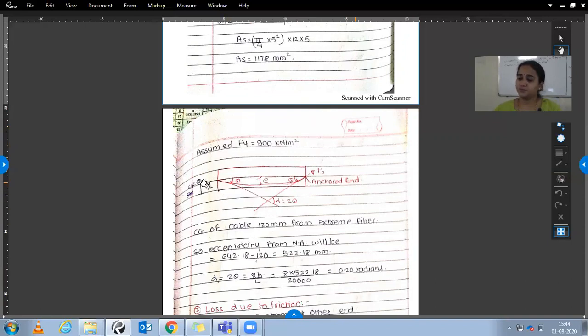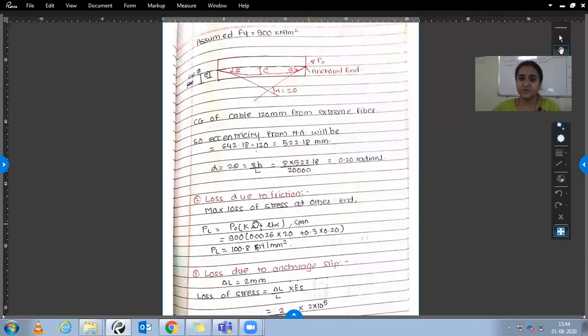So we'll first calculate the loss due to friction. This is the formula for finding loss due to friction. Some terms are there that we have to calculate by using the eccentricity concept. Consider this diagram.